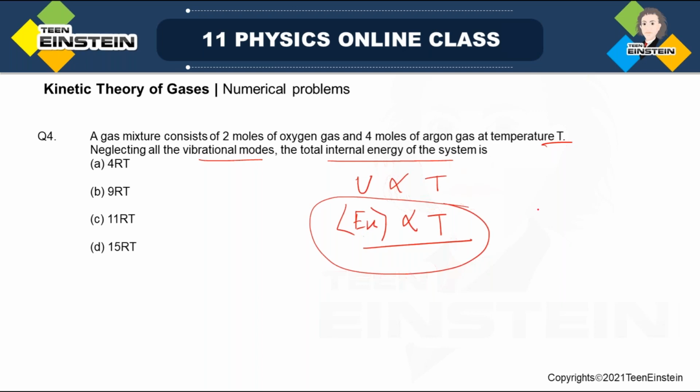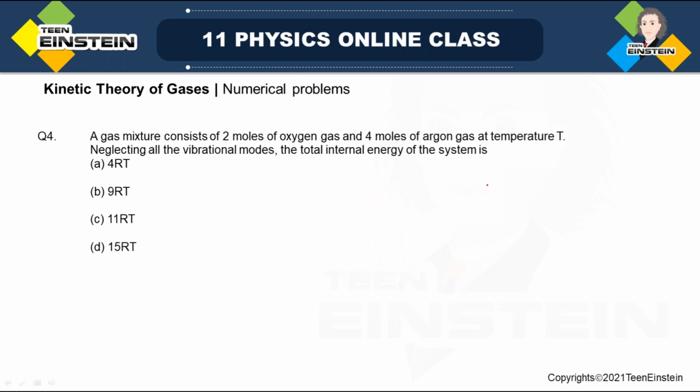Just a few minutes back we solved the problem for half kT, but if it is a mole, then you have to multiply by the moles. For 1 mole it is half RT that we have seen. So if there are 2 moles, 3 moles, 4 moles, you have to multiply this, and obviously you have to multiply the number of degrees of freedom also.